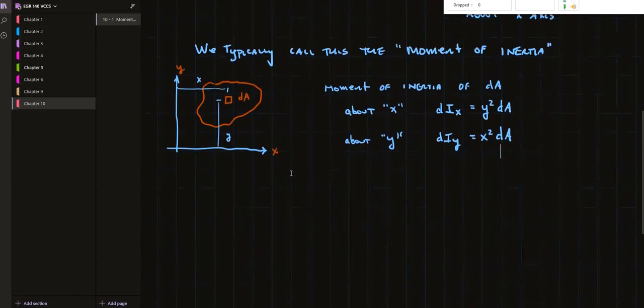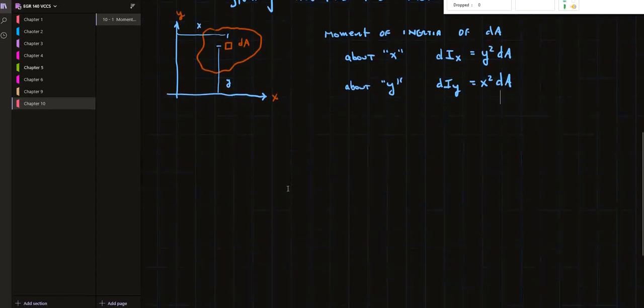Before we go further, let's write this in integral form.